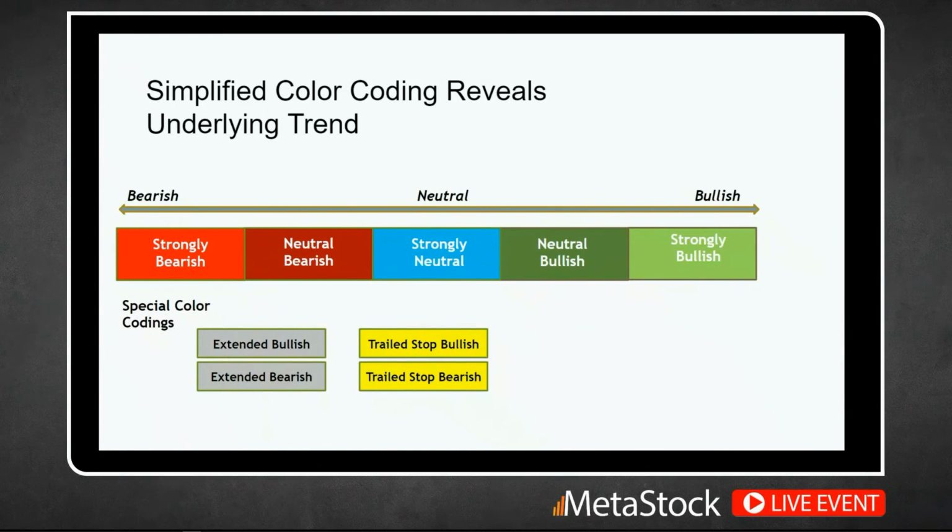If you're in a trend and it's starting to get very overextended, meaning it's been super bullish for a long time, it's going to turn gray, letting you know. That way you can adjust stop losses and be prepared and cautious in case it tries to reverse. And then you also have yellow, which will let you know, time to put a stop loss in case it's going to start turning around. So that's how Trender Pro works.